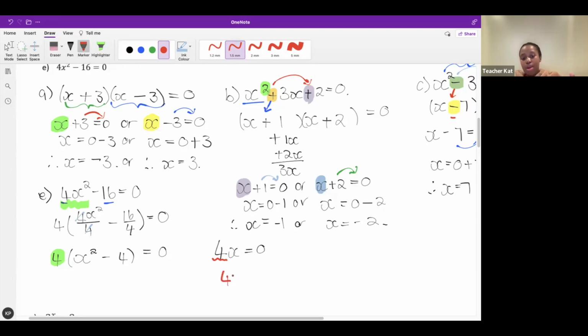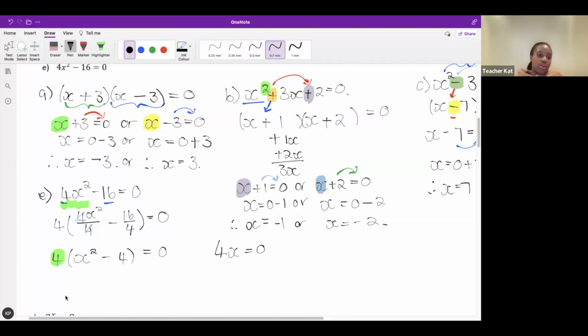That's 4 plus x. Do you see the difference? This is 4 times x, and this is 4 plus x. That's true, we would have divided both sides by 4.